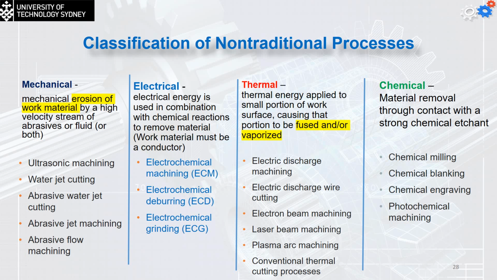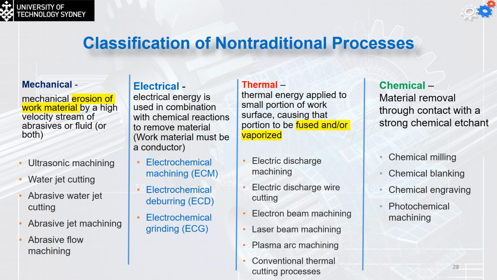The difference is that corrosion is a chemical process, while erosion is a mechanical process. Examples of the mechanical non-traditional processes are ultrasonic machining, water jet cutting, abrasive water jet cutting, abrasive jet machining, and abrasive flow machining.